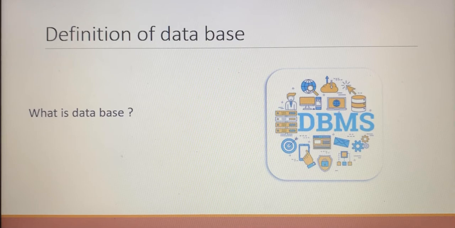A database management system relies on utility programs for data maintenance and a fourth generation query language such as SQL. There are many examples of database management systems. We can list some of them, like MySQL, SQL Server, and Oracle.